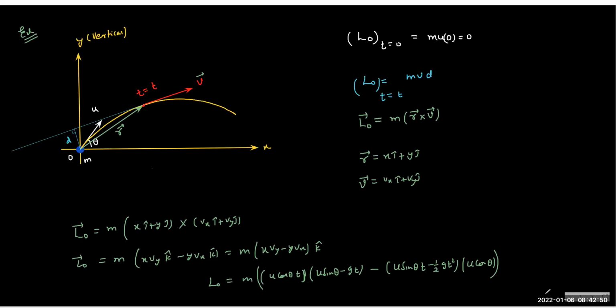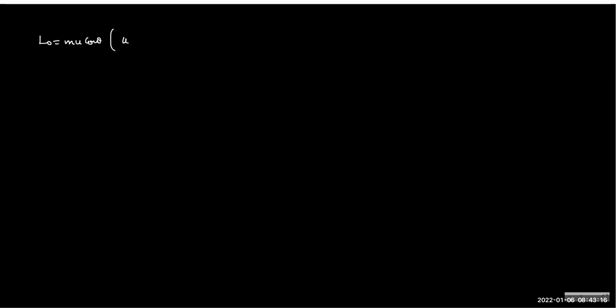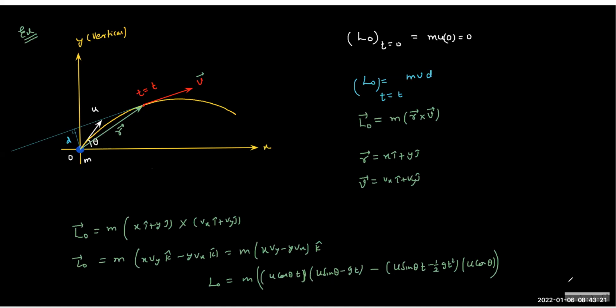So the answer is m u cos theta. I think u cos theta is common in both cases, right? So we can take it common. And then we can multiply here: u t sin theta minus g t square.